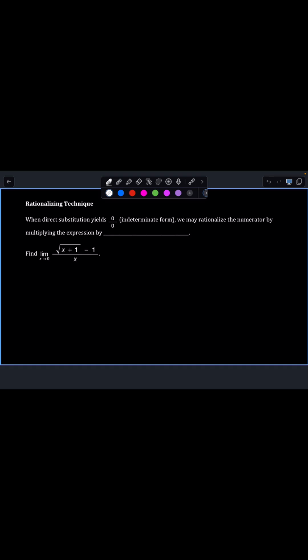So rationalization is actually finding what we call the conjugate. When direct substitution yields 0 divided by 0, which is an indeterminate form, we may rationalize the numerator by multiplying the expression by what we call the conjugate.